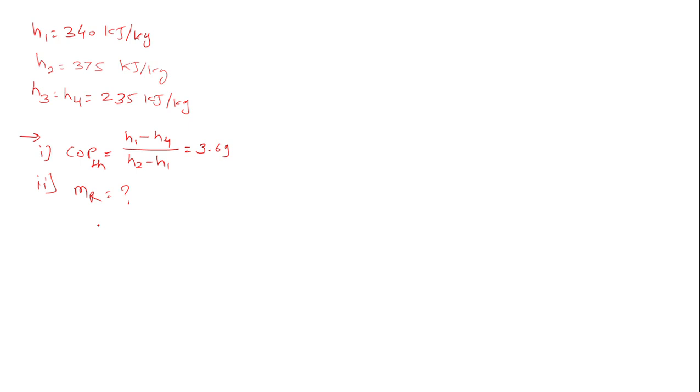So here the cooling capacity, or the heat absorbed, or what you can say the refrigerating effect, is equal to MR into H1 minus H4, that we know. If I know this particular refrigerating effect or the cooling capacity, then easily I can get the mass of refrigerant, because H1, H4 I have values with me.